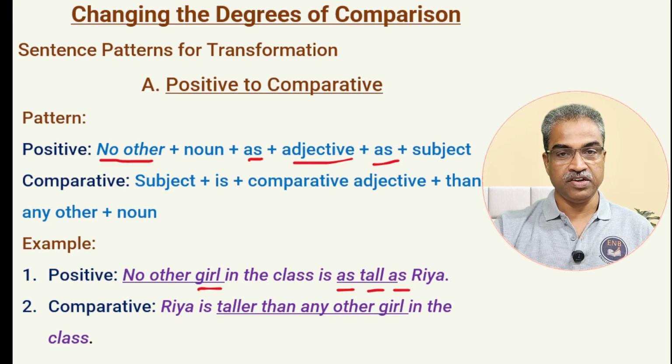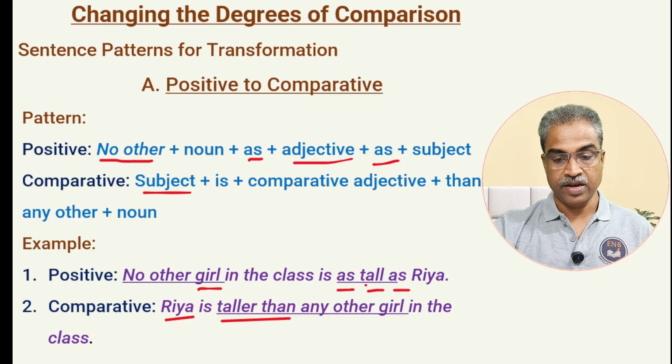Okay, it's not very easy, I understand, but if you really have to change this one, you need to focus on this, you need to learn. For example, what is the format? Comparative format is subject, then taller than, comparative adjective, than any other.